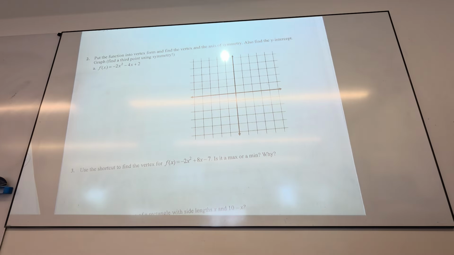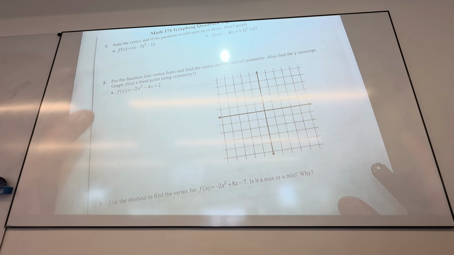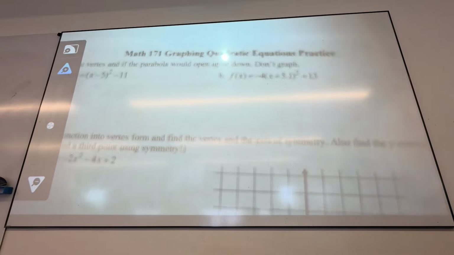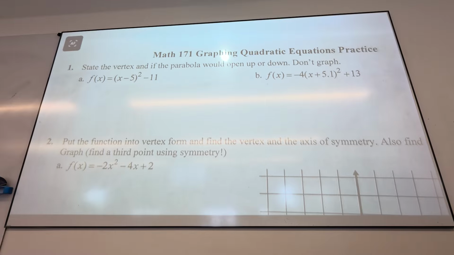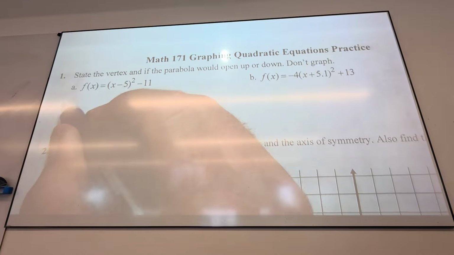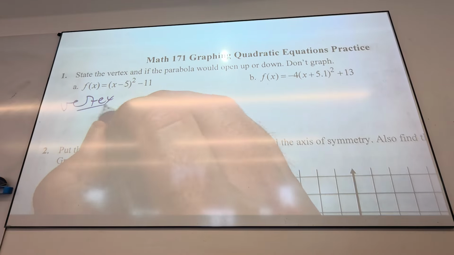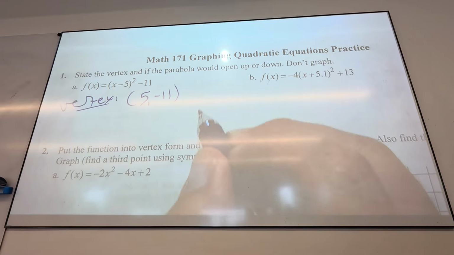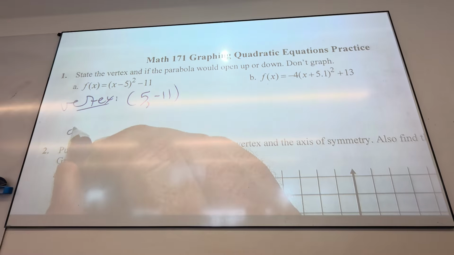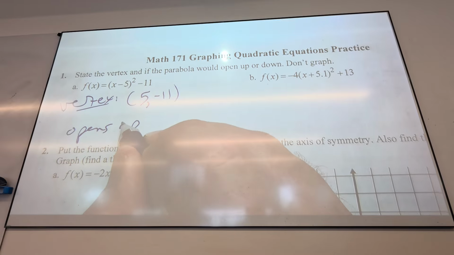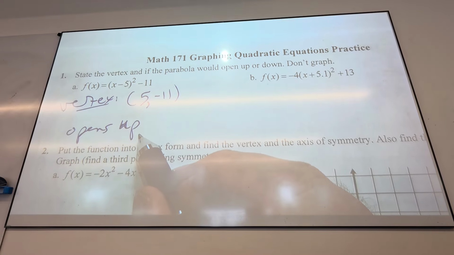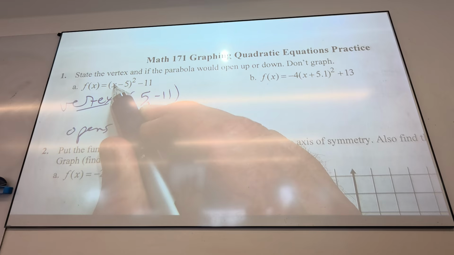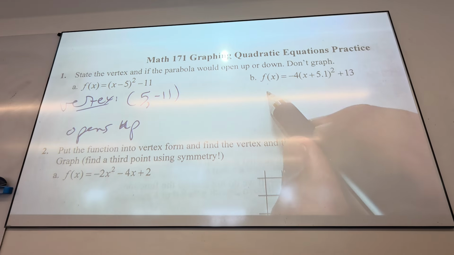All right, guys, let's take a look here. The first two, I'm hoping, were pretty straightforward because they're already in the right form, right? So what's the vertex here? 5, negative 11. Does it open up or down? How do you know it opens up? Because this is positive here, right? So over here, what's the vertex?